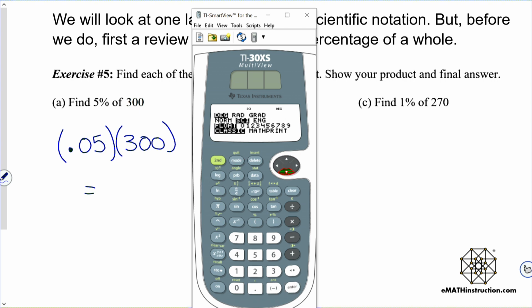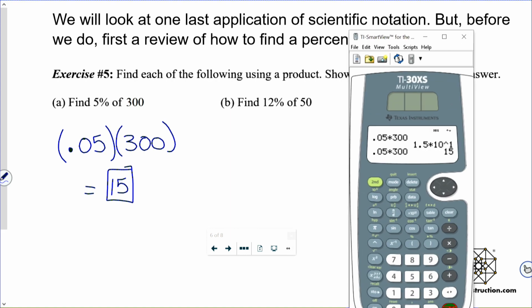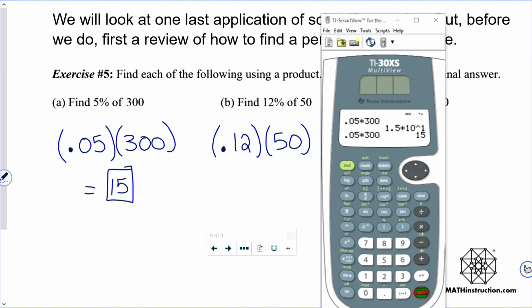I'm going to take it out of that mode because I don't actually want this answer in scientific notation, but we've got 0.05 times 300. We might put our calculator back in scientific notation mode in a moment, but we get 15. Likewise, to find 12% of 50, we're going to multiply 0.12 times 50, and let's see what we get there.